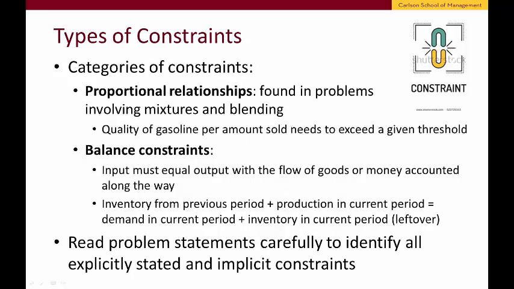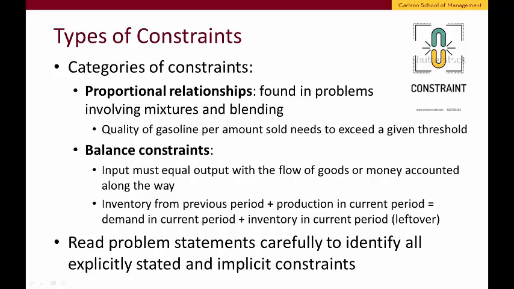Some of the slightly more complex constraints involve proportional relationships found in problems that involve mixing and blending, such as in oil and gas, pharmaceutical, food, and financial industries, just to name a few. Quality of gasoline per gallon sold must exceed a specified threshold, and this implies a ratio of 2 values, or a proportional relationship.